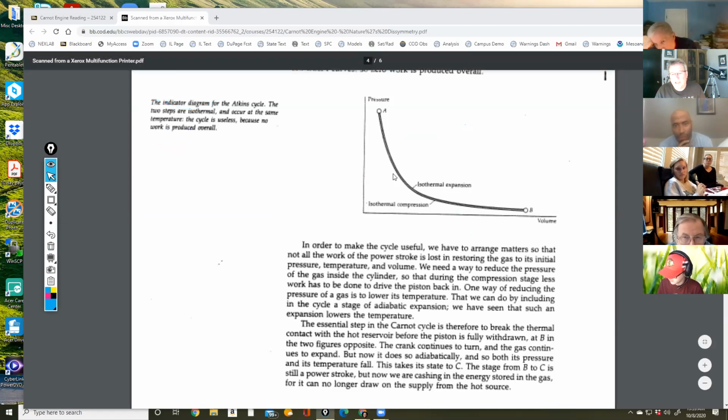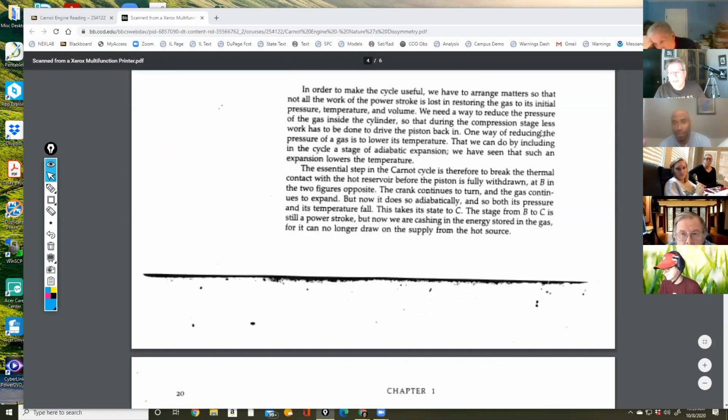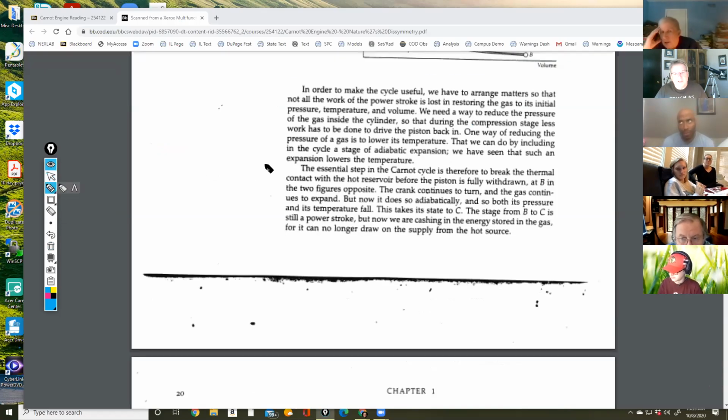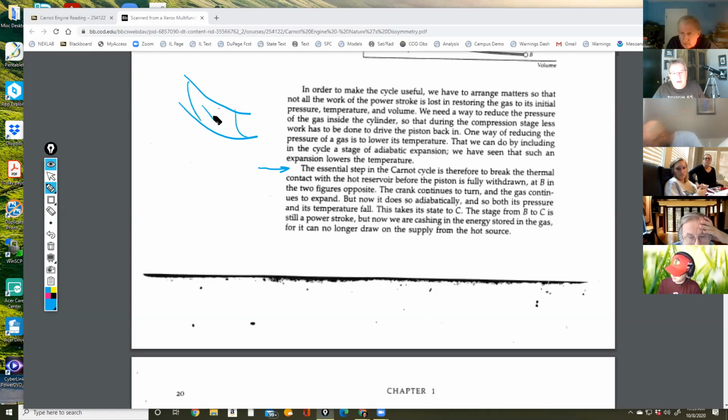And there's no area because it's the same isotherm. Is it that there's no area, or the area is identical because it's the same isotherm? The area is the same. So the total area in between the two is not there. Remember, we need the area to be between two isotherms. For there to be work.